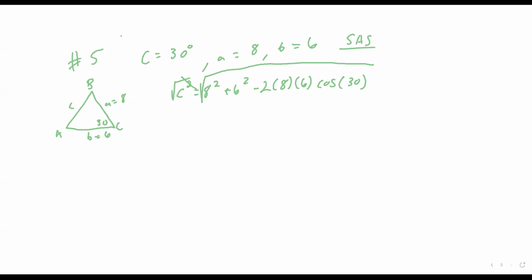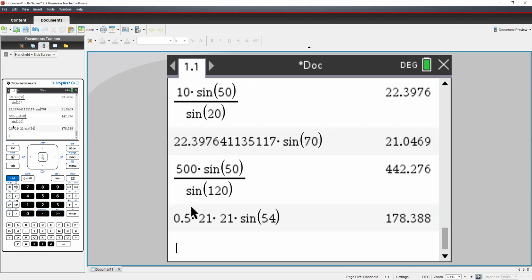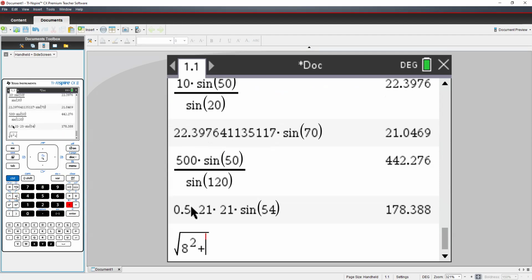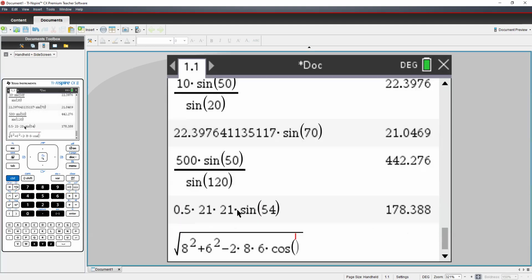All right, so then we just simply do control x squared to make the square root, and then I can just type in the information. It was 8 squared plus 6 squared minus 2 times 8 times 6 times cosine of 30 degrees.